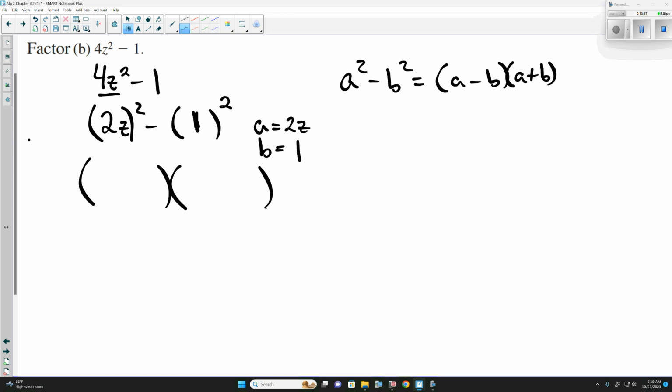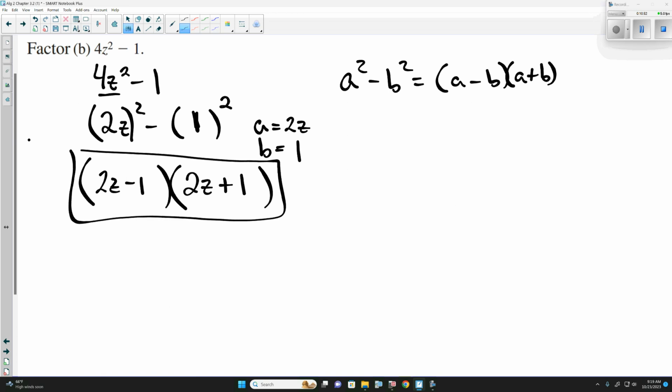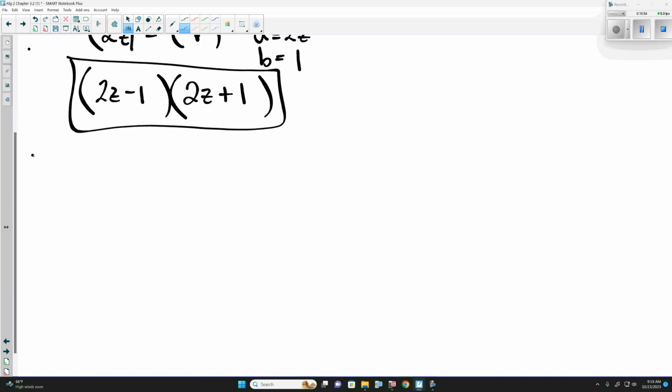So when we factor this, a minus b would be 2z minus 1. A plus b would be 2z plus 1. And that's it. Questions on this here?